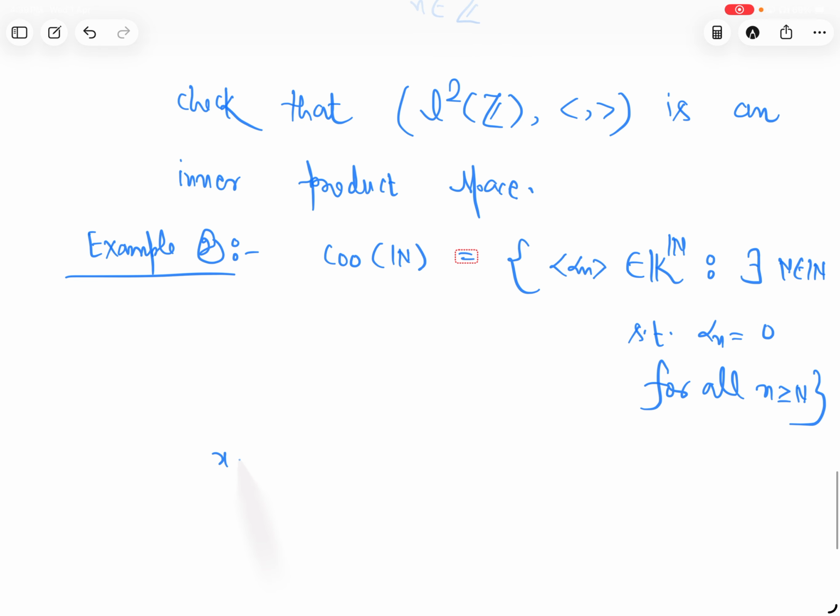So let x equal (alpha_n) and y equal (beta_n), both belonging to c00(N).